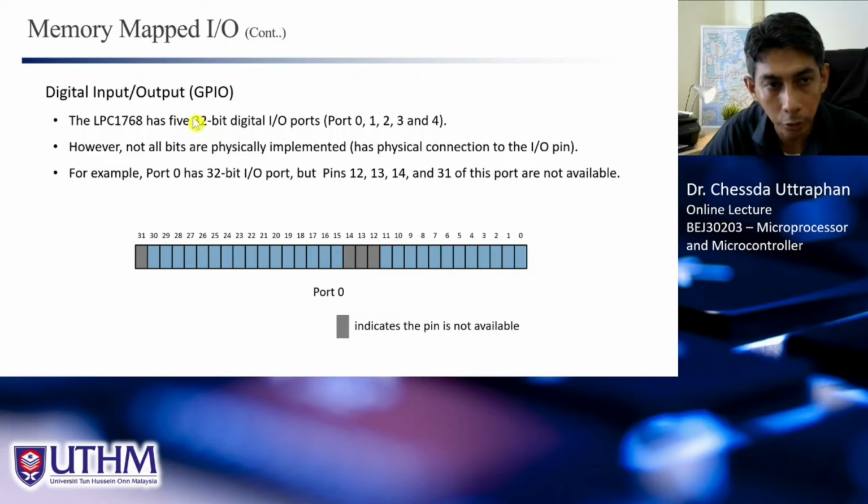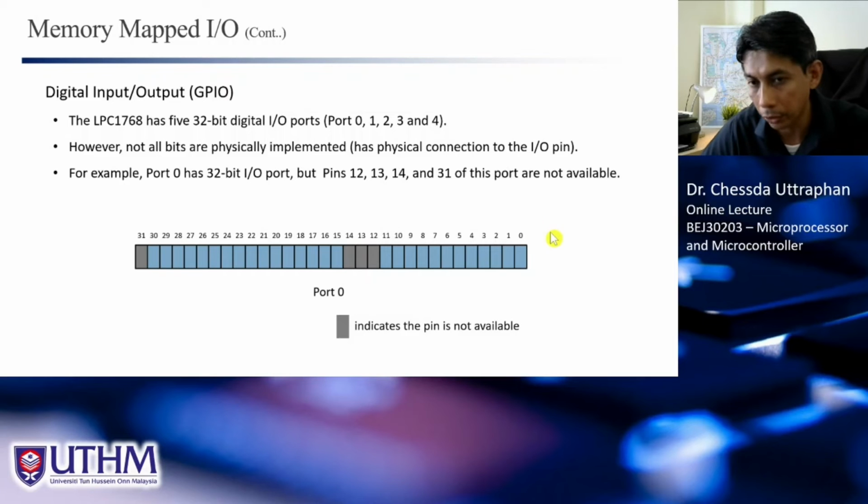So this 32-bit port, and remember this port is actually a register, and the size for each port is 32 bits, which means each bit here is connected to an IO pin of the microcontroller.